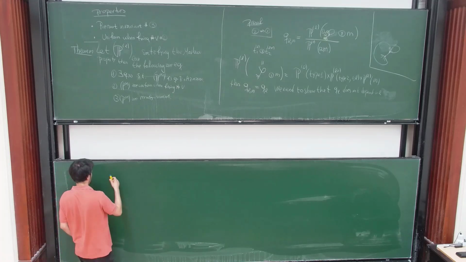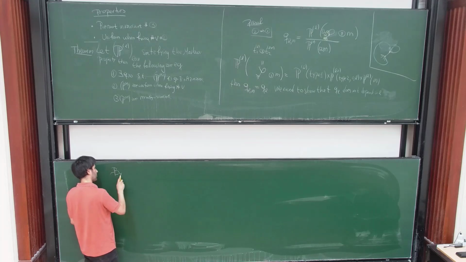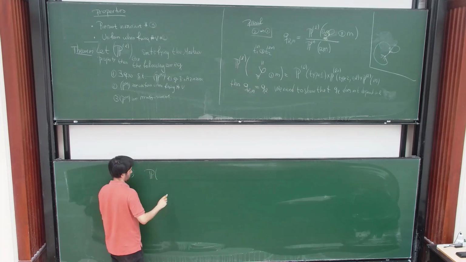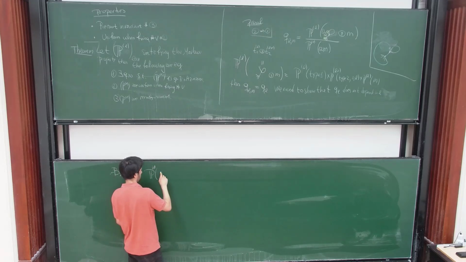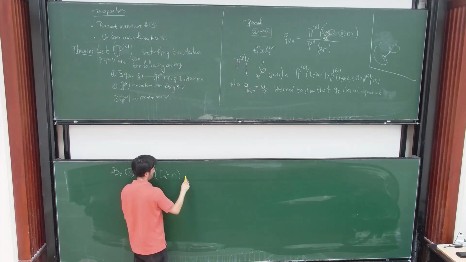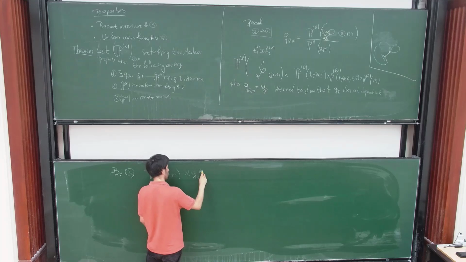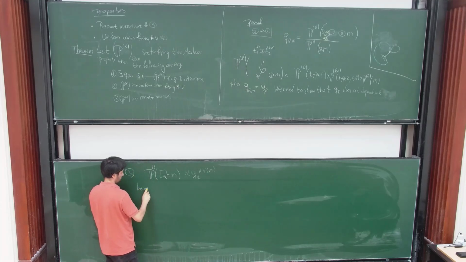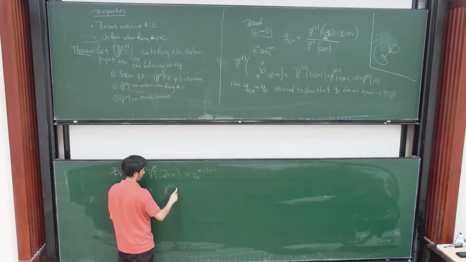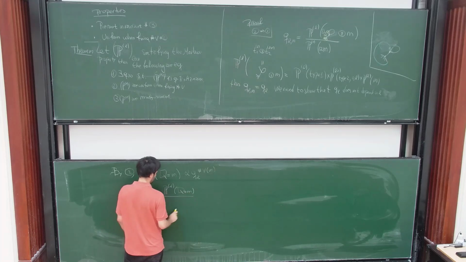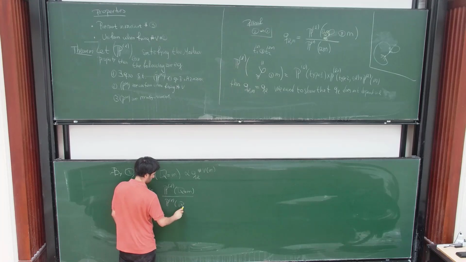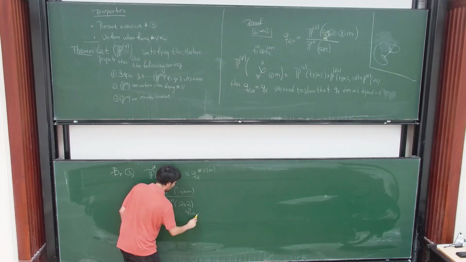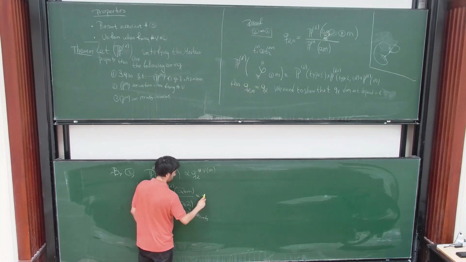By uniform distribution, we know that the probability of a map Q equal to M will be proportional to QL to the amount of vertices of M. Or if you want, because the probability that Q equal to M tilde with one more vertex, with one less vertex, let's put vertex, this is equal to QL.